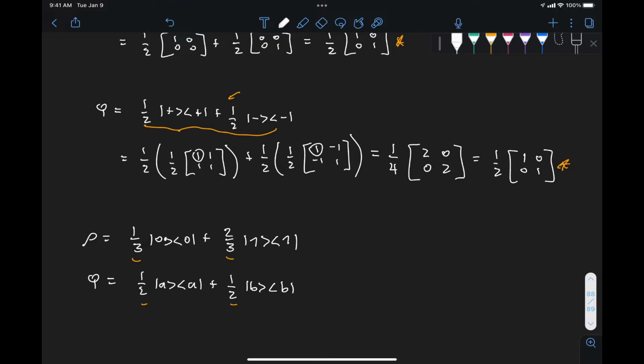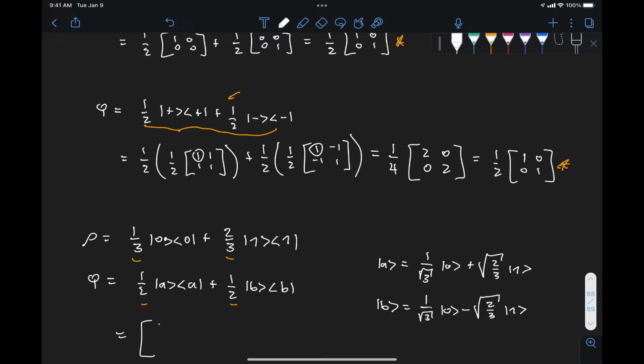And then if we have that A is of the form 1/√3 |0> plus square root of 2/3 |1>, and B is 1/√3 |0> minus square root of 2/3 |1>, we can show that this also results in a density matrix of the form [1/3 0; 0 2/3], which is the same we have here.